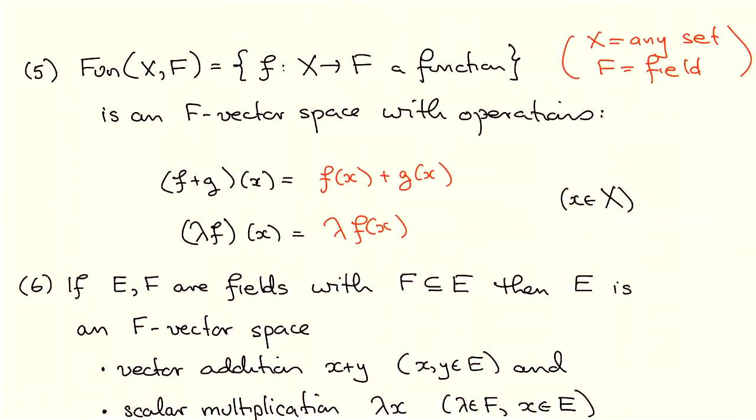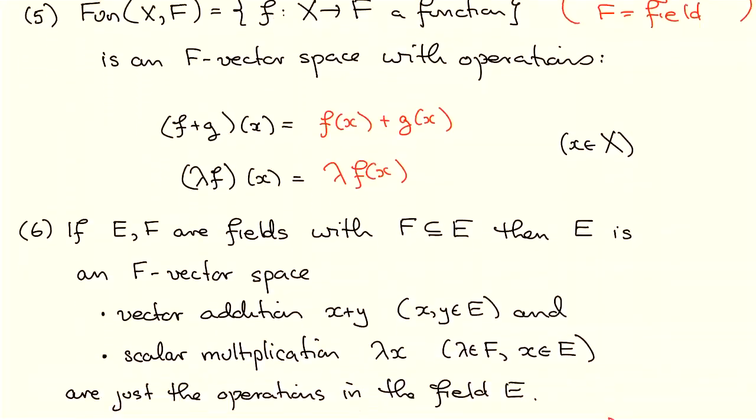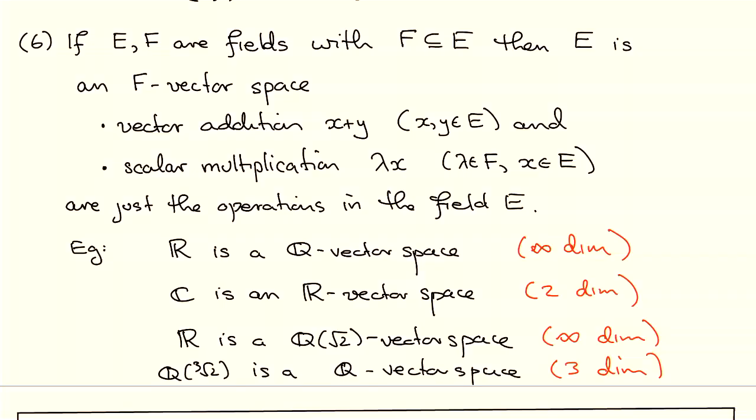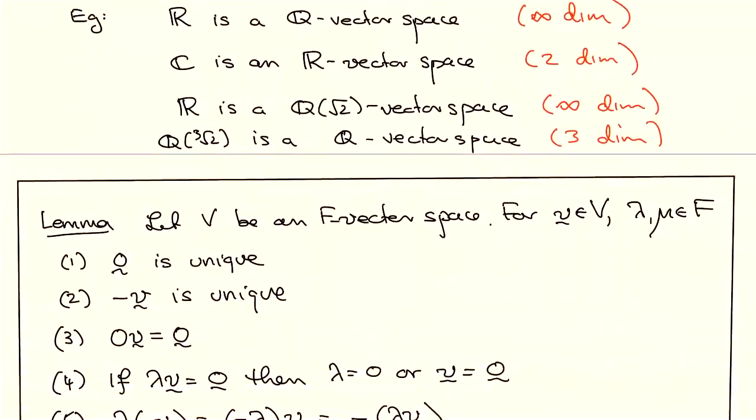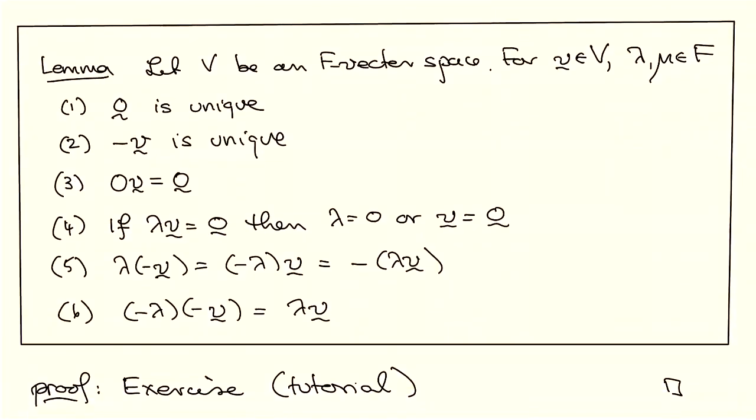Functions from X to a field F, that's a vector space. And an important one that we talked about was if we have two fields E and F with F a subfield of E, then E becomes a vector space over F. Okay. All right. That's where we got up to.